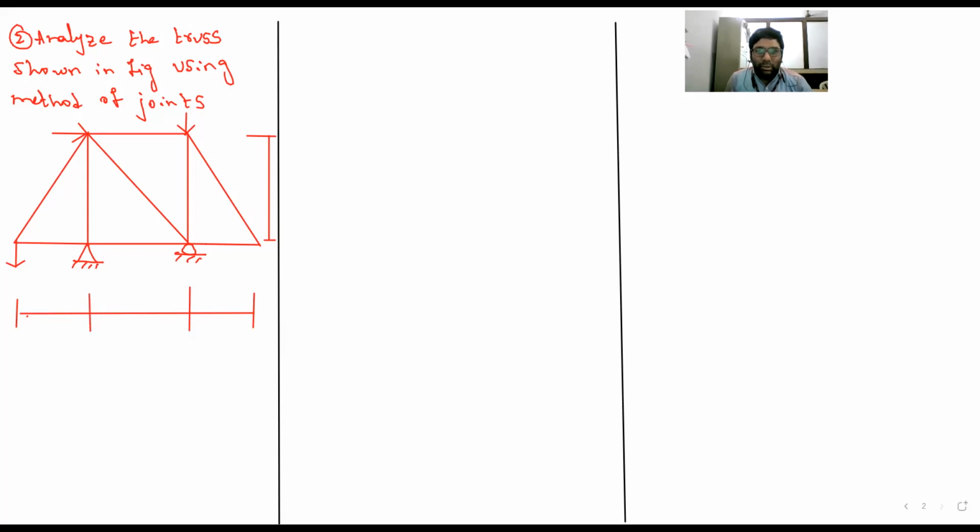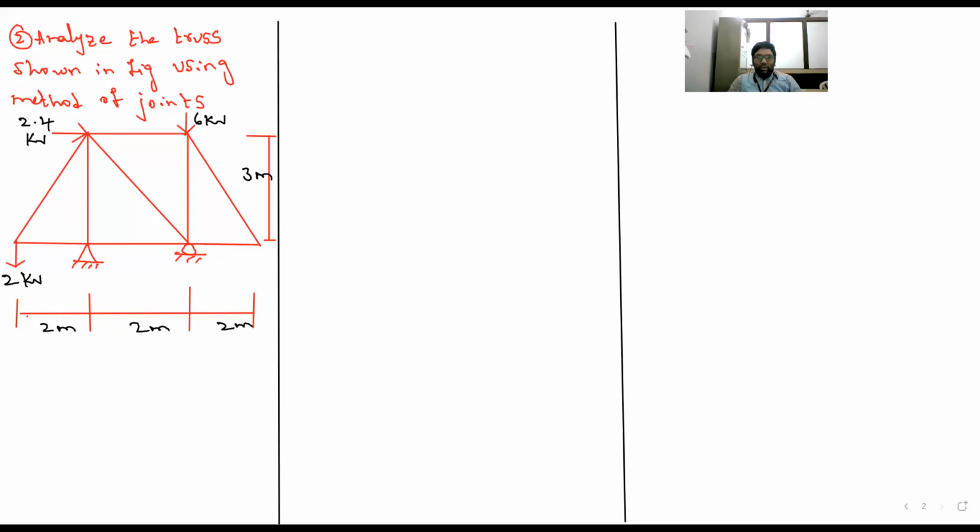We have three forces: two vertical forces, 6 kilonewton and 2 kilonewton, and a horizontal force of 2.4 kilonewton. This height is 3 meters, and these dimensions are 2 meters, 2 meters, and 2 meters.